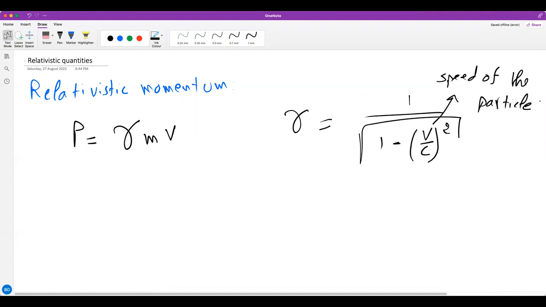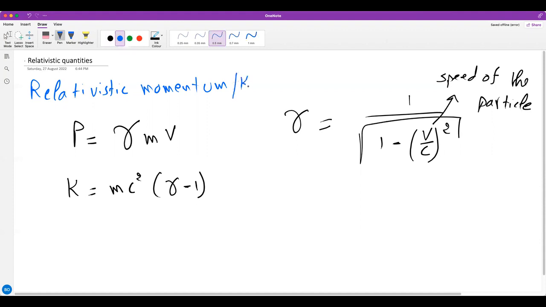Another consequence is the kinetic energy. Kinetic energy is mc squared times (gamma minus 1). So this is the kinetic energy. Relativistic momentum, kinetic energy, and total energy, to be consistent.